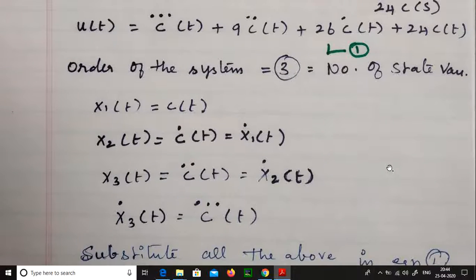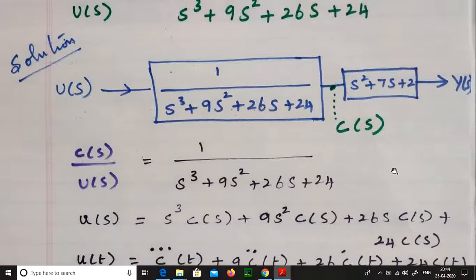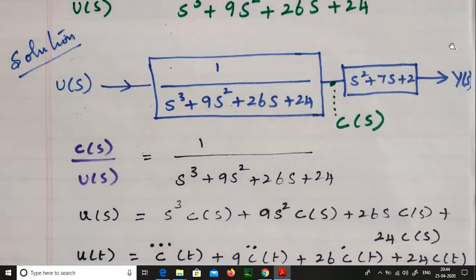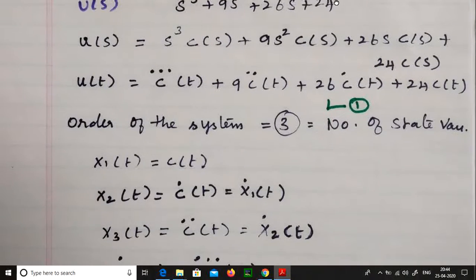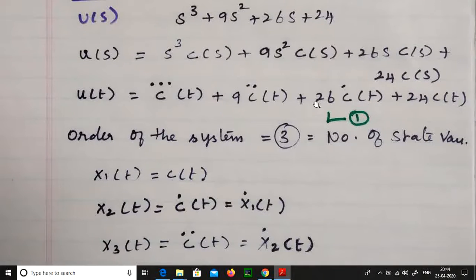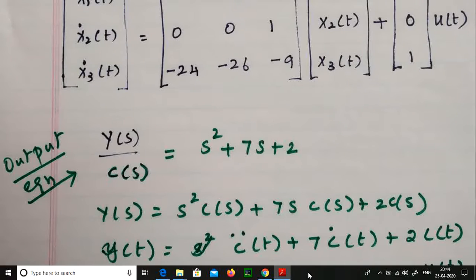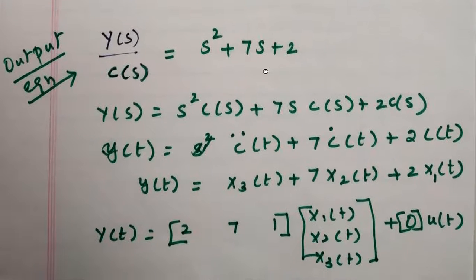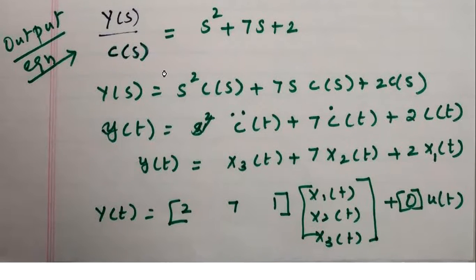Now in the second block, we can write a transfer function only for the second block, where y of s by c of s is equivalent to s square plus 7s plus 2. So just do the cross multiplication. Y of s is s square c of s plus 7s c of s plus 2 c of s. This is the Laplace transformed equation.